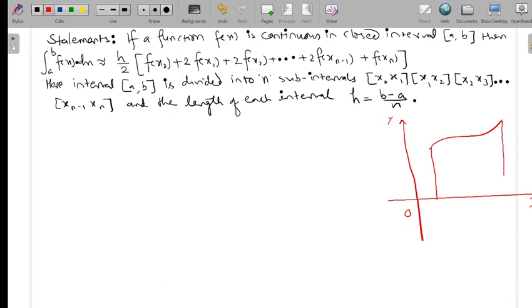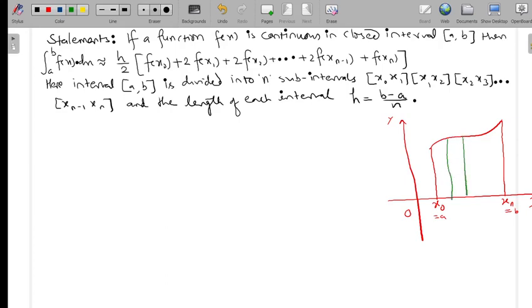These are the ordinates, this is x0, this is xn, that is a, that is b, and it is divided into n sub intervals.